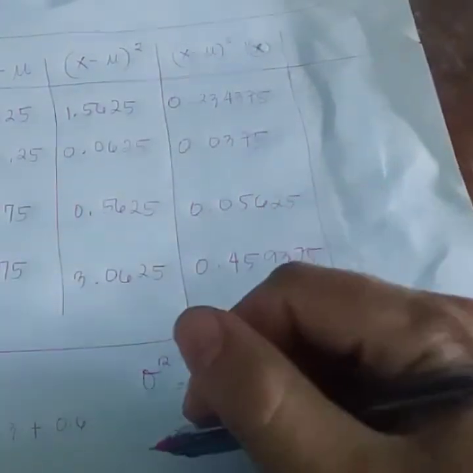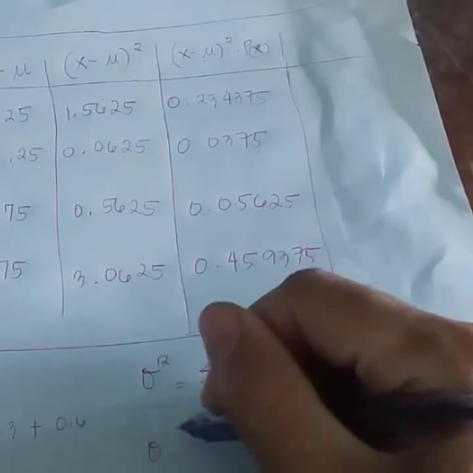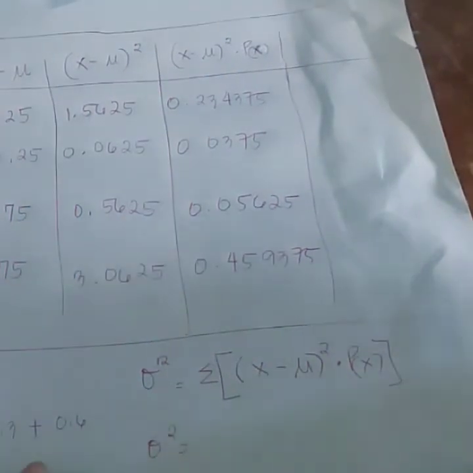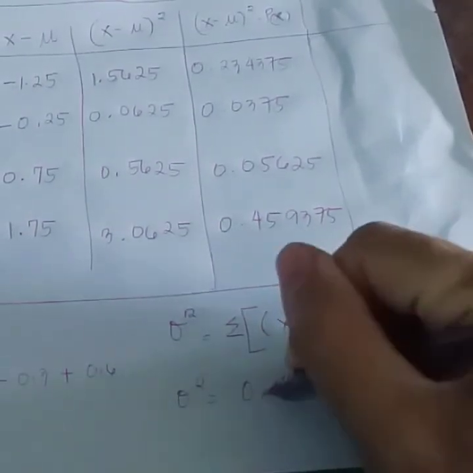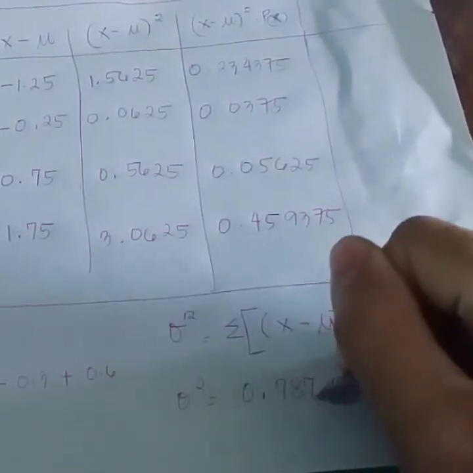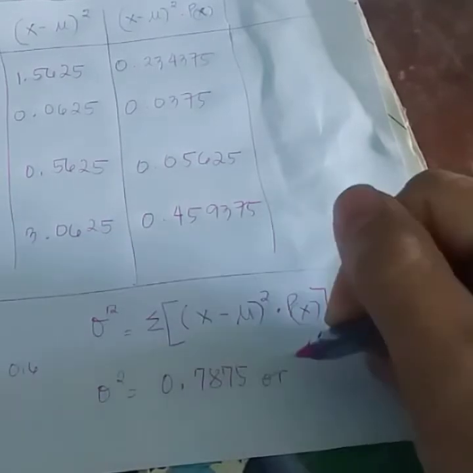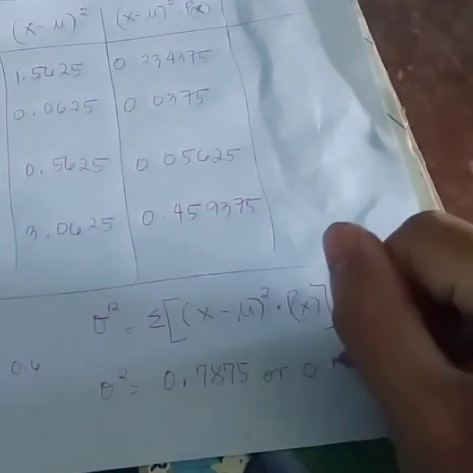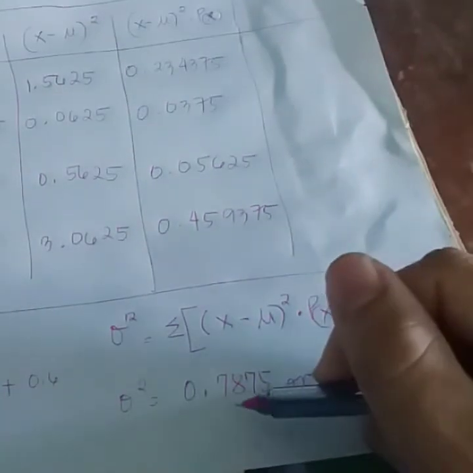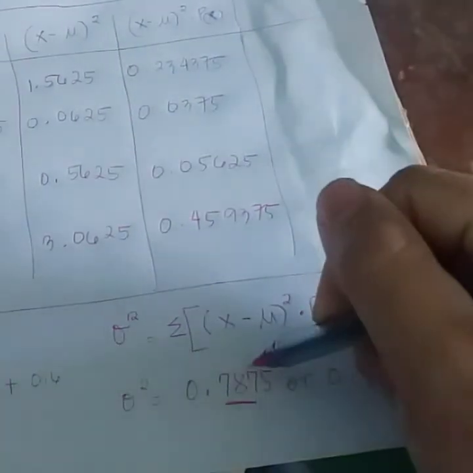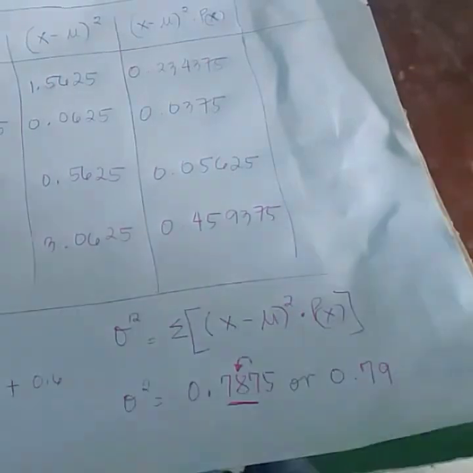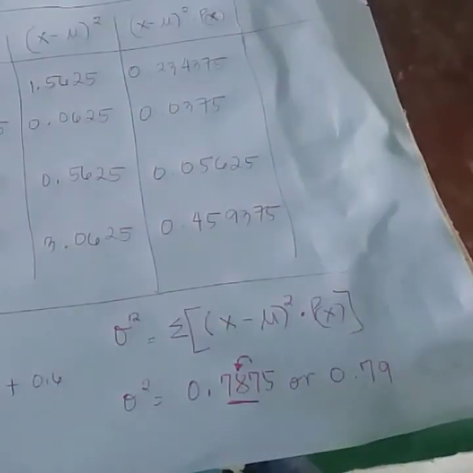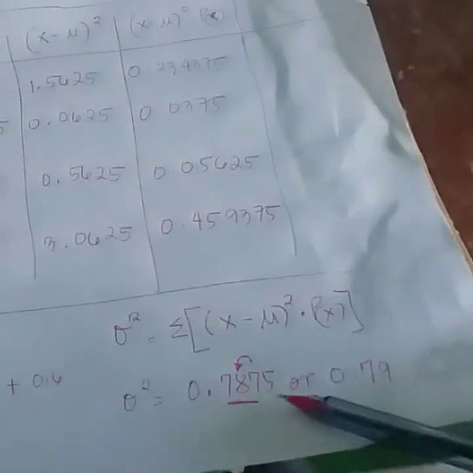So we come up with an answer of variance now equal to 0.7875, or rounding the numbers to the nearest hundredth, that is 0.79. So we have the value of our variance.